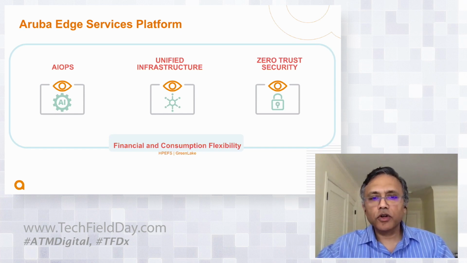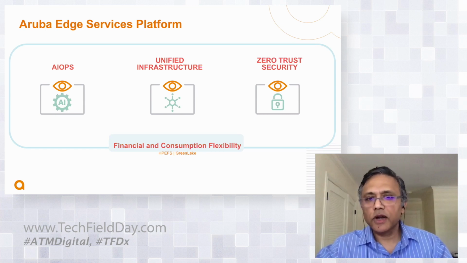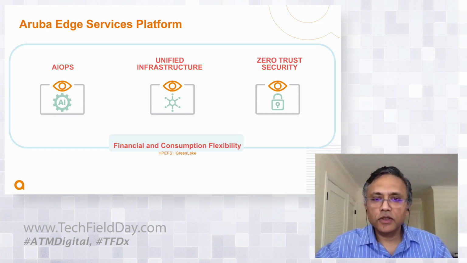The second pillar, of course, is unifying all of the Aruba infrastructure to make it very seamless and consistent for an end user experience. So a few examples of that: we have consolidated on a single operating system across our switches. So whether you're in the campus or the branch or in the data center, you use a single operating system across all of these different lines of switching.